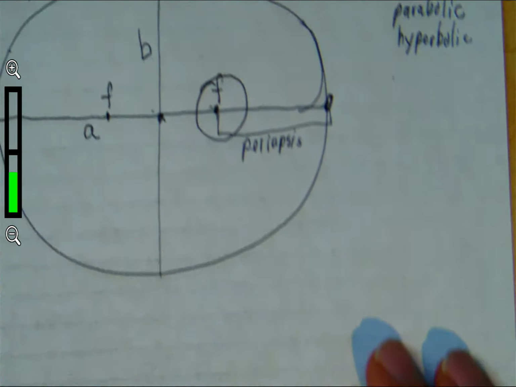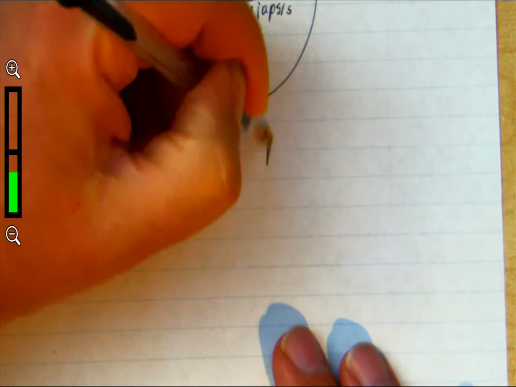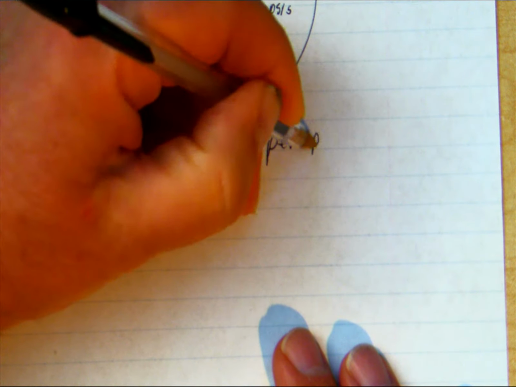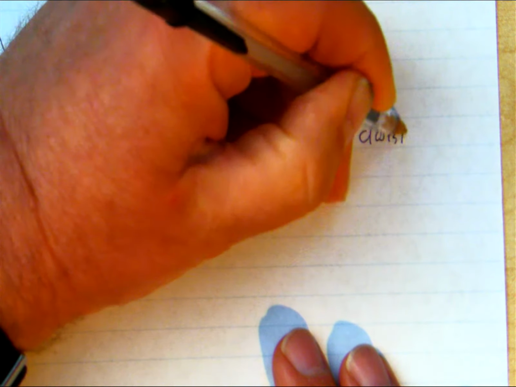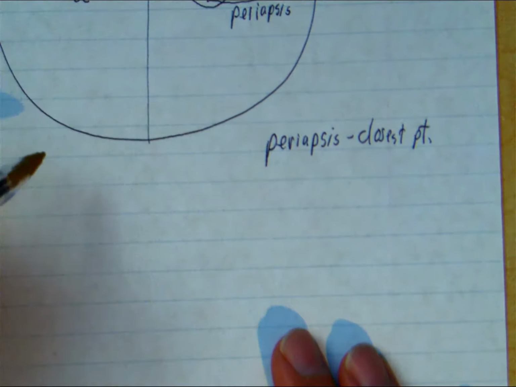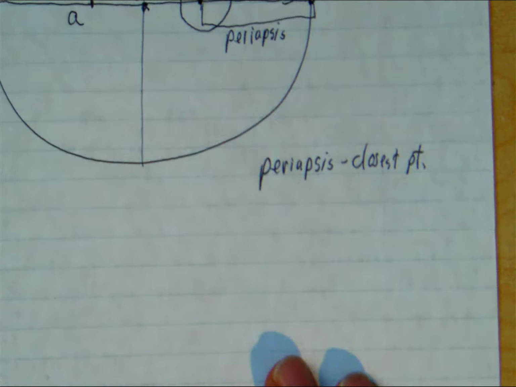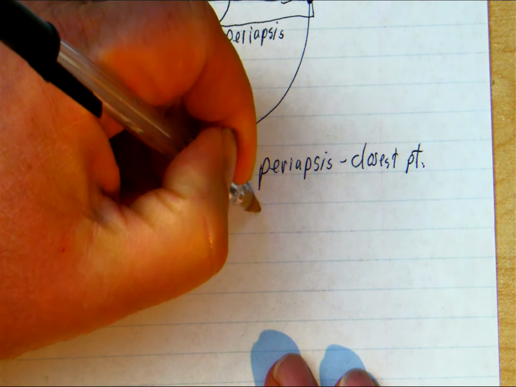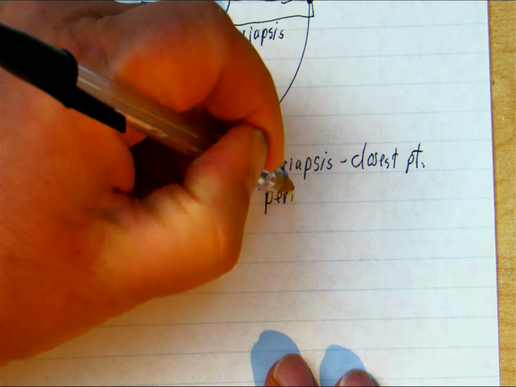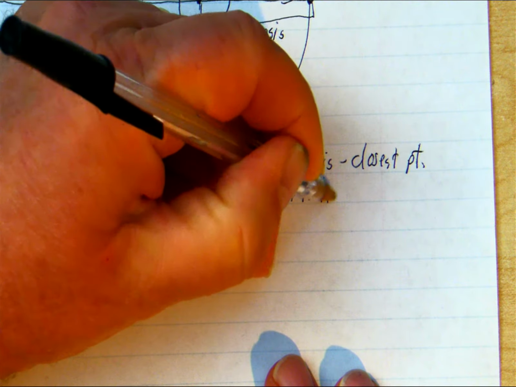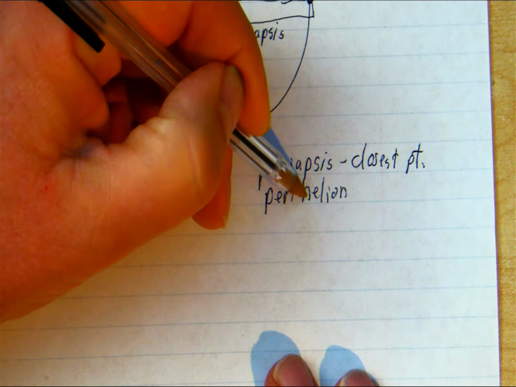Periapsis means closest point in an orbit to the central body. When the central body happens to be the sun, then we call this perihelion, from helios meaning sun.